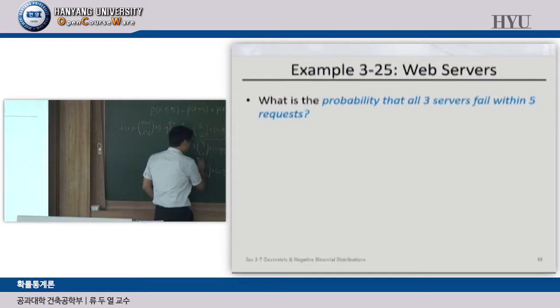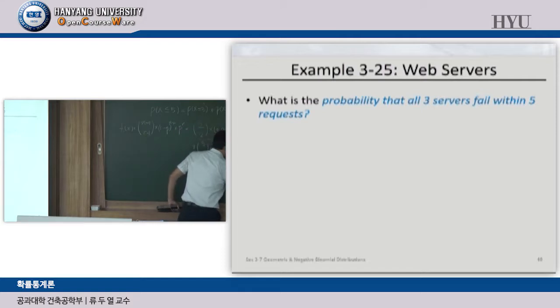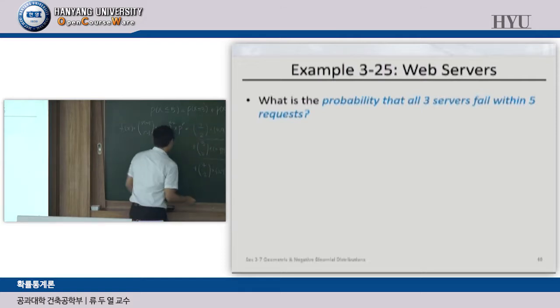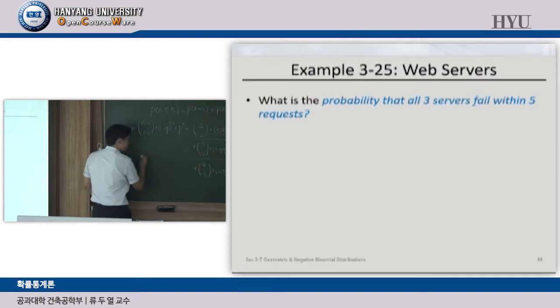So what about this case? To calculate this, we have to first know about 3 choose 2, right? That is 3 factorial divided by 2 factorial multiplied by 1 factorial, right? That is equal to 3, okay?